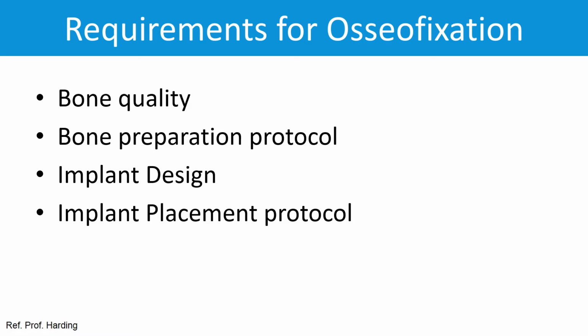So again, bone preparation protocol, surgical protocol is very important, in that we don't want to excessively prepare the bone or remove bone, because we need as much bone as possible to support our implant.